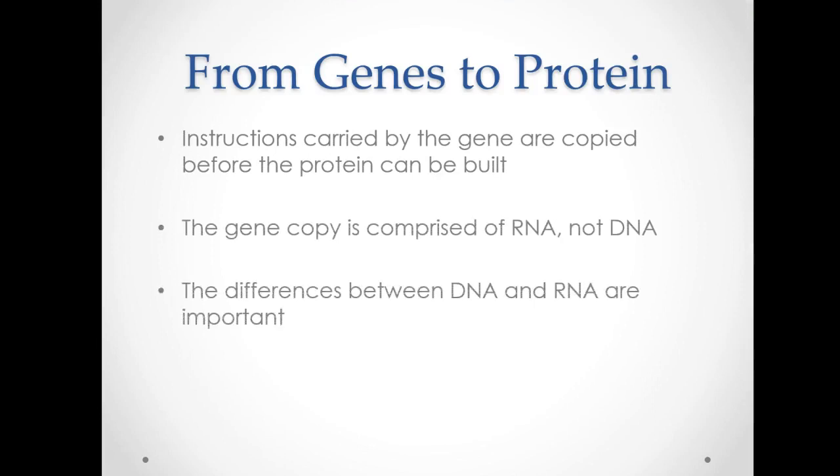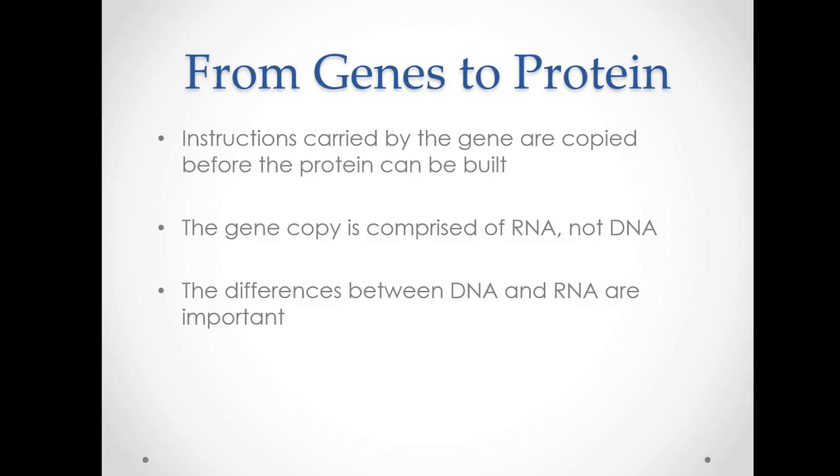What's interesting in our discussion today of protein synthesis is, while the set of instructions on how to make these proteins is in the DNA, it's not actually DNA that we use to make proteins themselves. We have to make a copy of that information, because if you remember something very important about DNA, it's housed inside the nucleus, and the only time it ever leaves is when the cell is going through cell division.